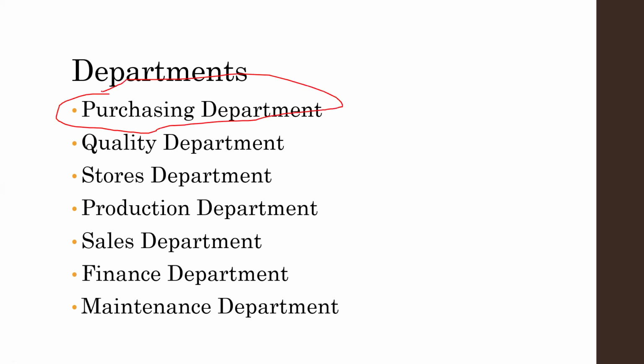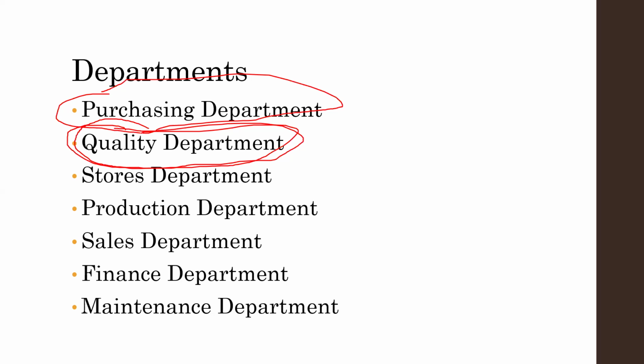For example, in the purchasing department, they buy raw material from the vendor. Once the raw material is purchased, you don't have to tell the quality department to come and check the quality. Upon purchasing, the quality department will get to know that purchasing has been done, so they will automatically come and check the raw material, because the data has been shared.